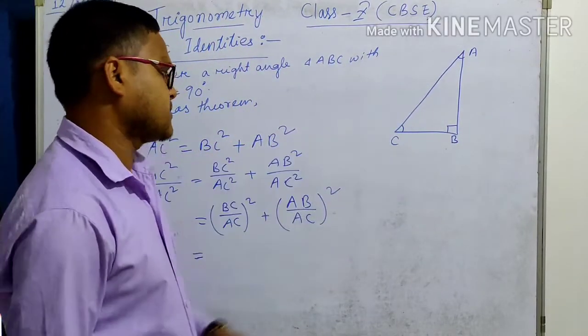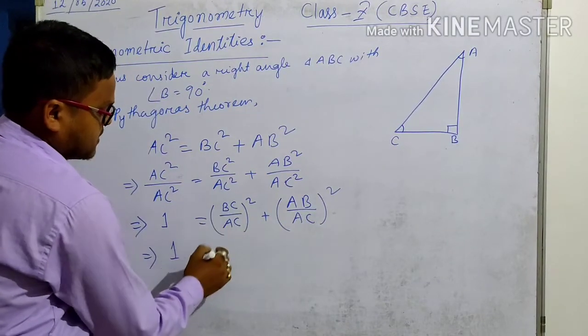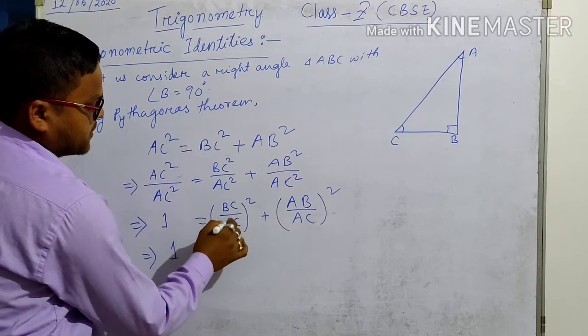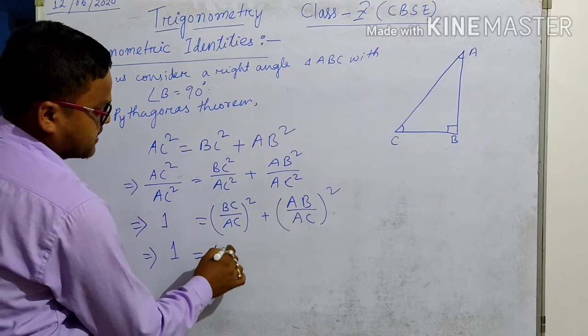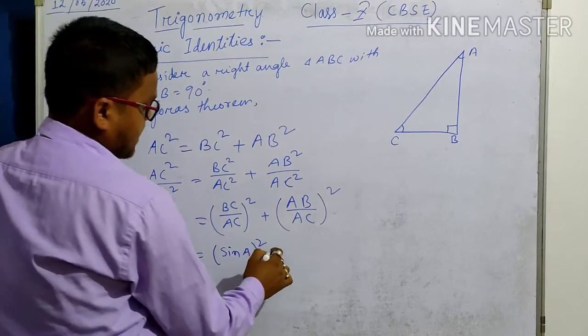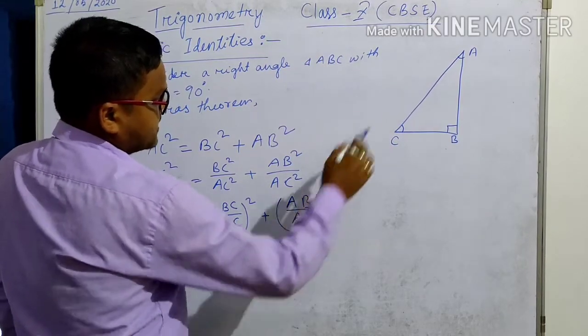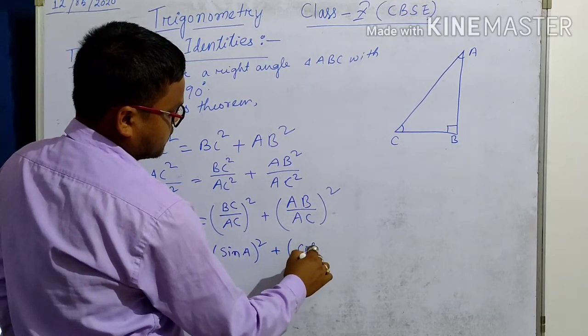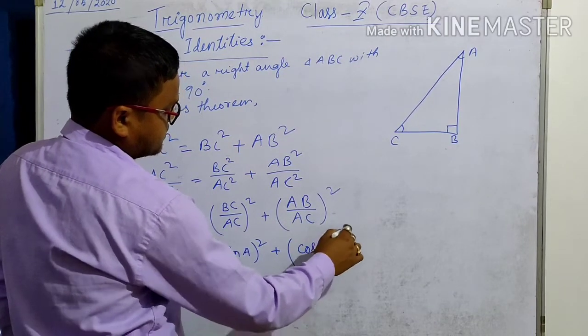So perpendicular by hypotenuse, BC by AC, is sine A. And AB, base by hypotenuse, is cos A. So this is squared.